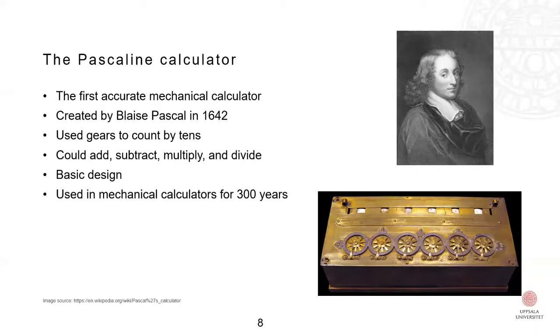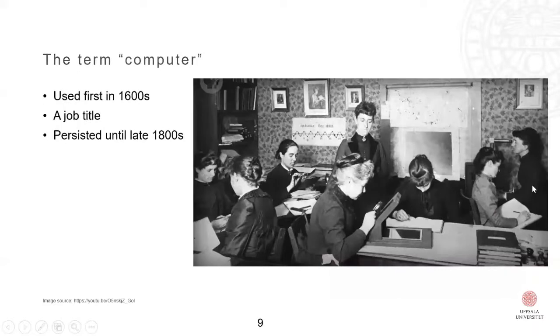So in those times, there was no electricity, so all these computations were mechanical. The term computer was not used for these devices. It was actually first used in the 1600s for a job title, and it meant people who worked with some computation device, like, for example, a calculator.